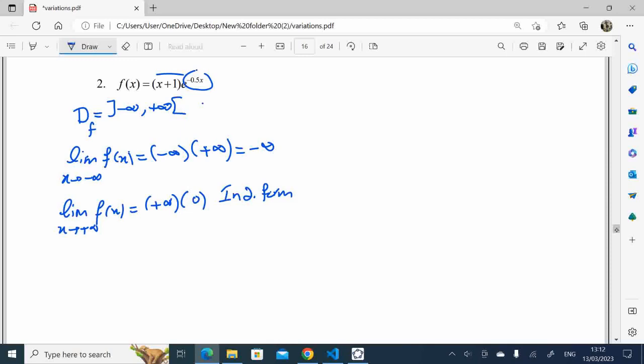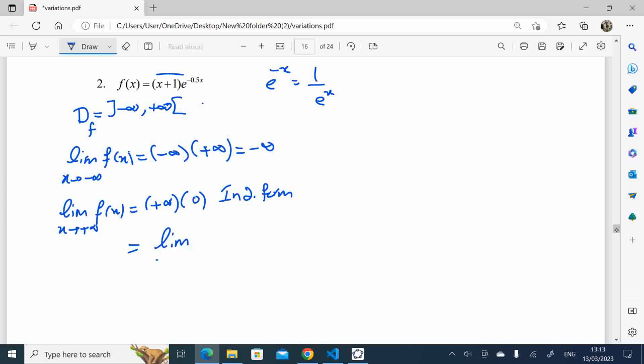In order to solve this indeterminate form, first notice that we have e to the negative 0.5x, and there is a property that says e to the minus x equals 1 over e to the x. So this will be the limit as x approaches plus infinity of x plus 1 over e to the 0.5x.